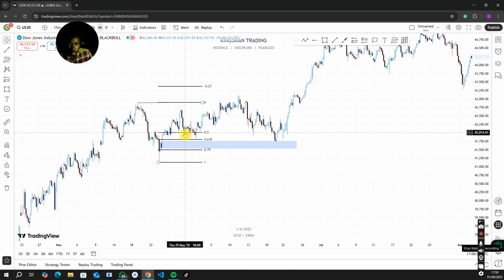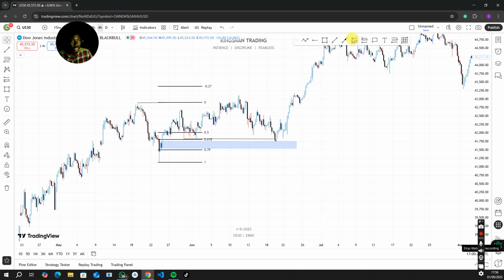Now, this retracement down to this level falls below our 0.5 or 50% retracement, which signals it as a valid liquidity. So us identifying this low or this liquidity or this inducement also adds more confidence to the trade.